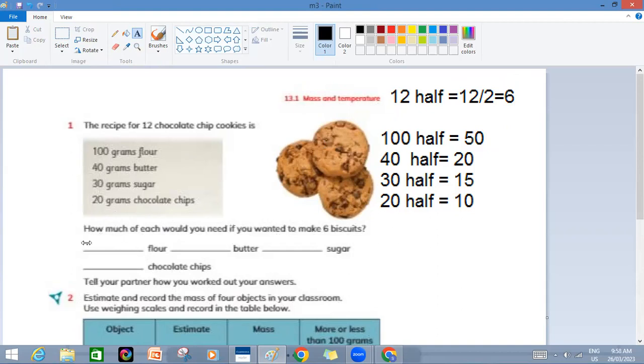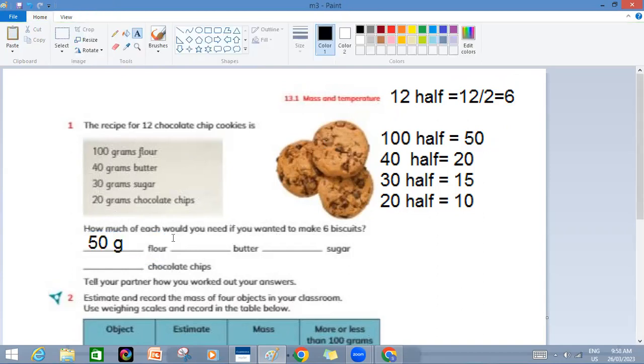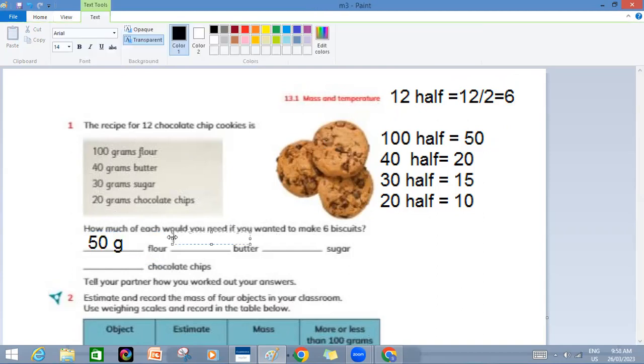We need 50 grams of flour, G means grams. And how much butter is needed? 20 grams of butter.